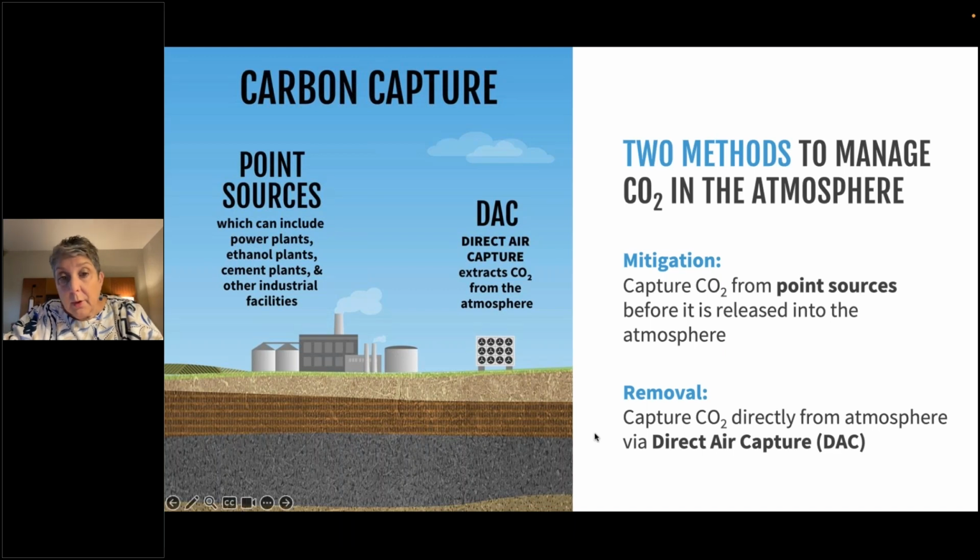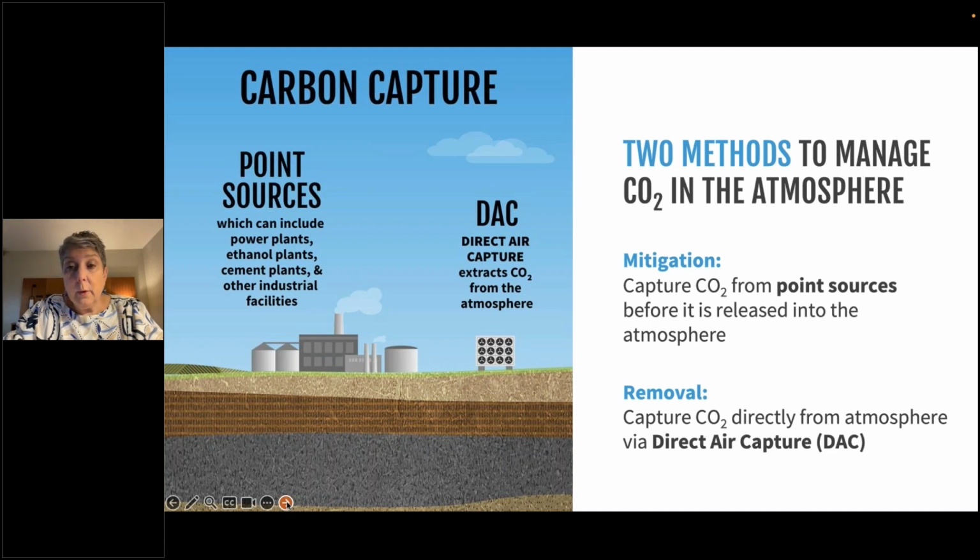Direct air capture works by essentially extracting carbon dioxide from the atmosphere, like a vacuum. To give you a sense of scale, there's a direct air capture project in Iceland that is removing 4,000 tons of carbon dioxide a year. In Decatur, the project that the Illinois State Geological Survey did in conjunction with ADM captured and stored 1,000 tons of carbon dioxide per day.